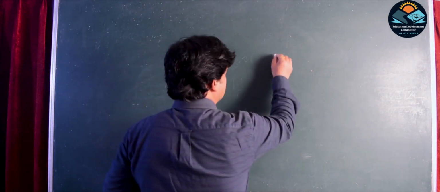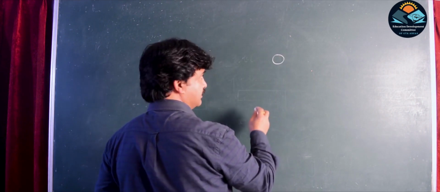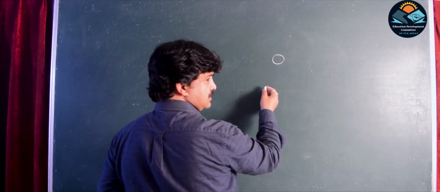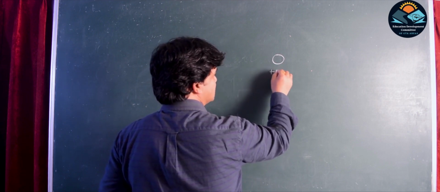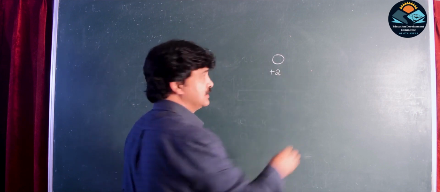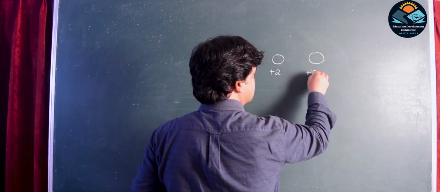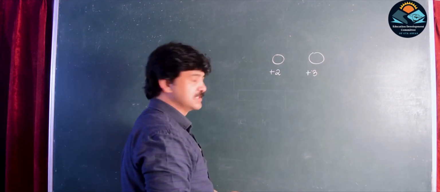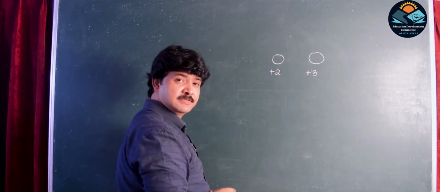Suppose this is a charged body having a certain amount of charge, let's say plus 2 units, and there is another object having charge plus 3 units. What kind of force exists between these two charged bodies?